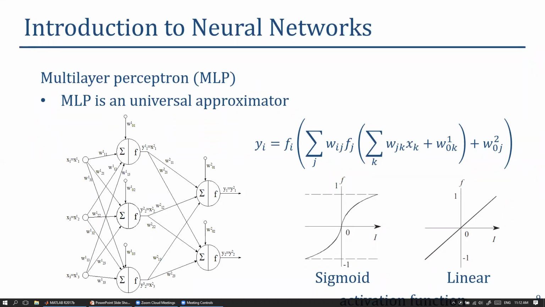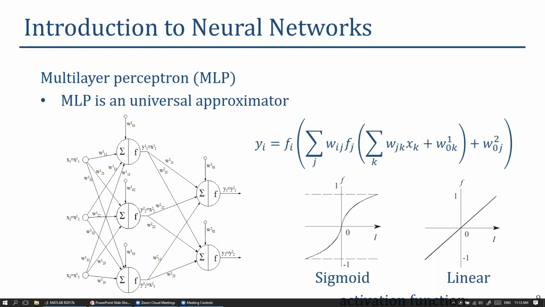In many cases for the multi-layer perceptron, we have a sigmoid function, the one that we looked at yesterday, the one that looks like that. We can use linear functions as well, right? And the parameterization is then based on the weights.